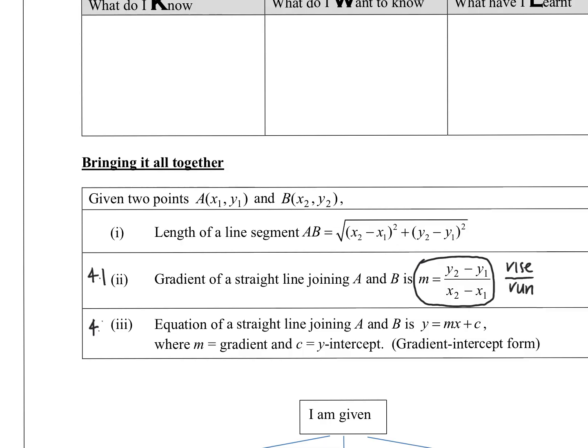Then in 4.2, we learn the gradient-intercept form, which is y equals mx plus c. Then 4.3, we learn how to use Pythagoras theorem to find distance or length. Now we are using this tree for 4.4, which is geometry problems, and using this tree to help us solve.